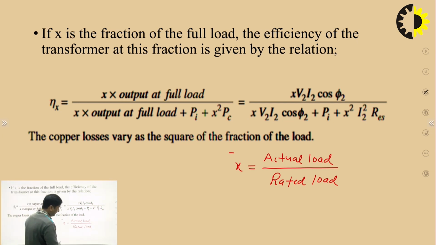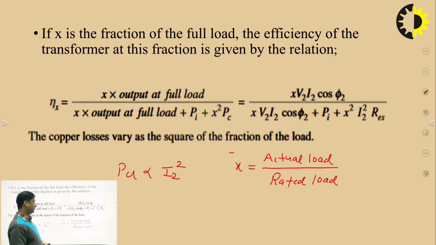As we know, when the load is varying, the iron losses remain the same, but the copper losses vary according to the current in the transformer. So copper losses are proportional to the current.